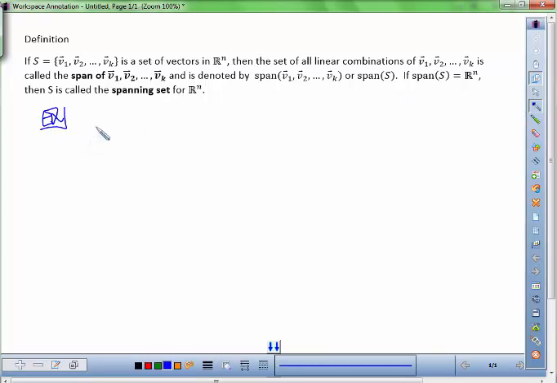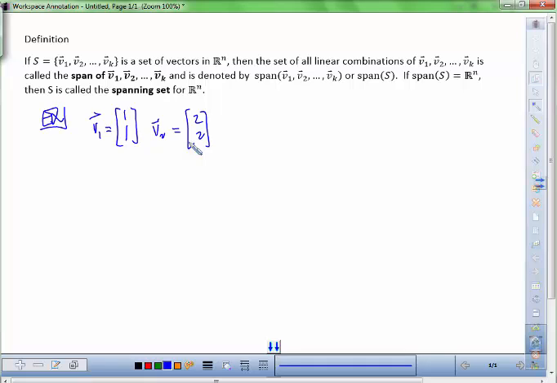As an example, suppose your v1 is equal to the vector 1, 1, and your v2 is the vector 2, 2. And you ask yourselves what the span of this is.